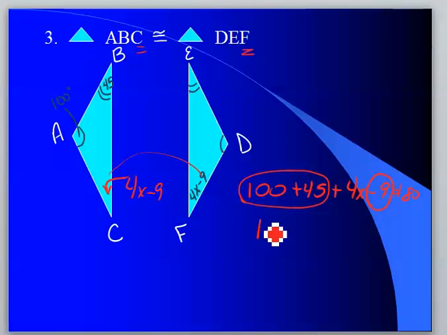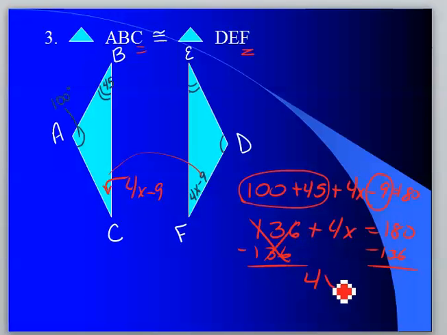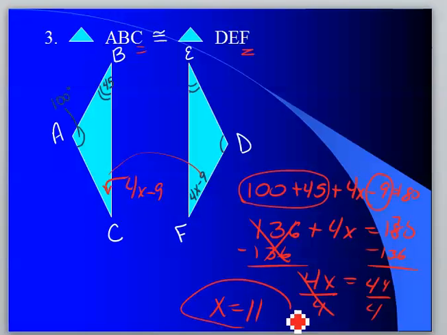Minus 9 gives me 136 plus 4x equals 180. Again, getting x by itself, we're going to subtract the 136. So we have that 4x equals 44. To get x by itself, we're going to divide by 4, and we get that x is 11.